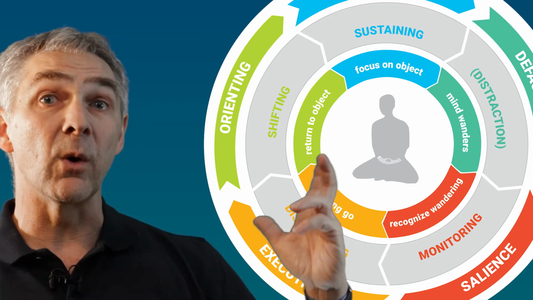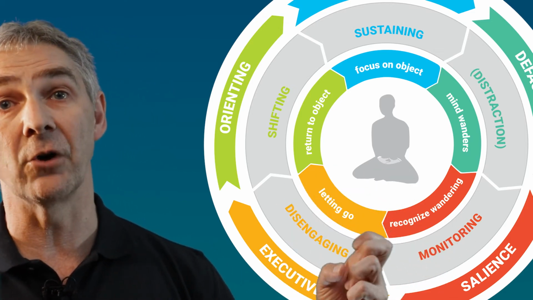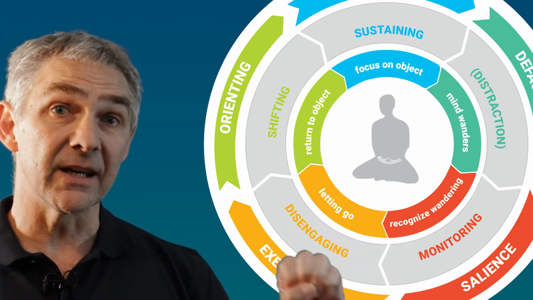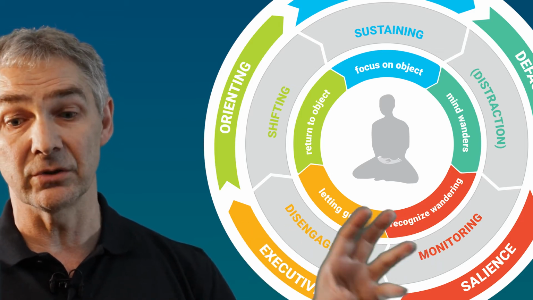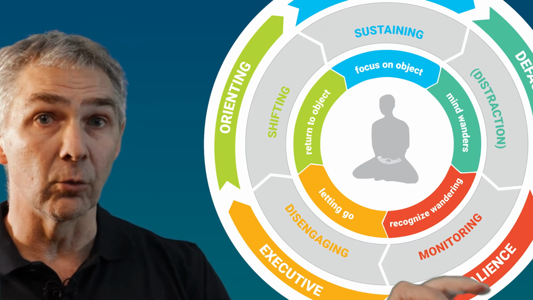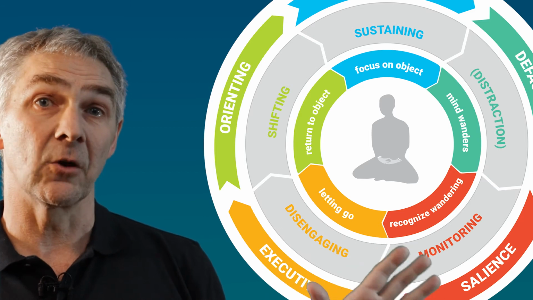And then our monitoring function, or cognitive monitoring as we often call it, detects that we have been distracted. And then another function, the so-called disengaging of attention, in orange here, is the function of removing the focus of attention from the distracting object.